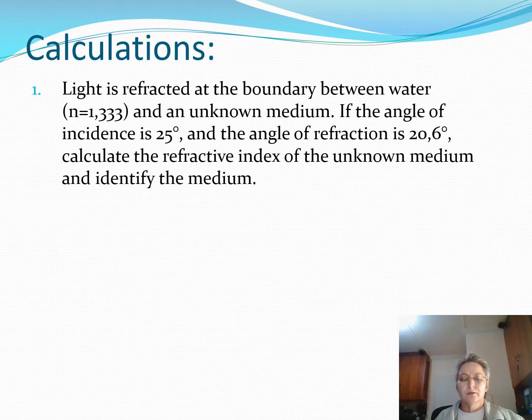Right, so the first calculation we need to do is: light is refracted at the boundary between water and an unknown medium. If the angle of incidence is 25 degrees and the angle of refraction is 20.6 degrees, calculate the refractive index of the unknown medium and identify the medium.